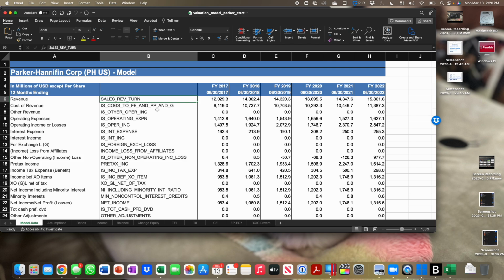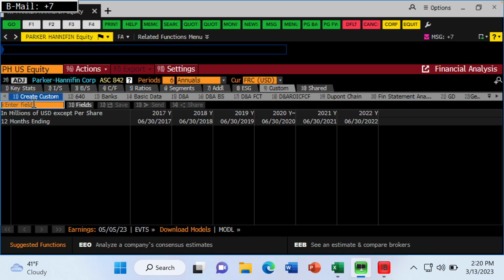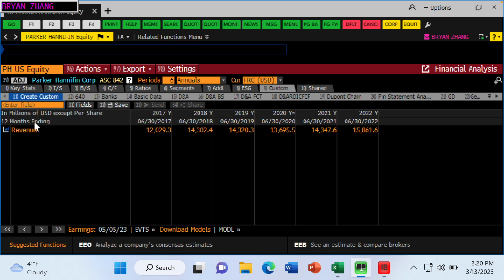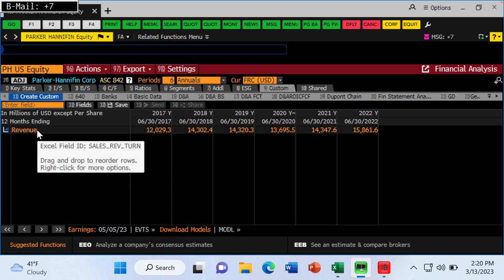So in a custom template, you'll start out with column B6, copy that cell. You're going to go back to Bloomberg, where it says Enter Field, paste, select the first one, hover over it, validate, Excel ID, sales underscore rev underscore turn.